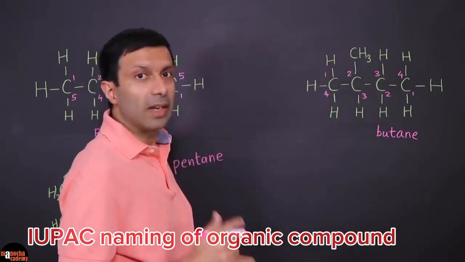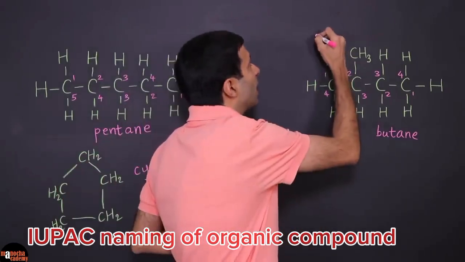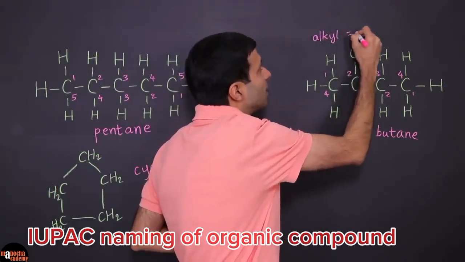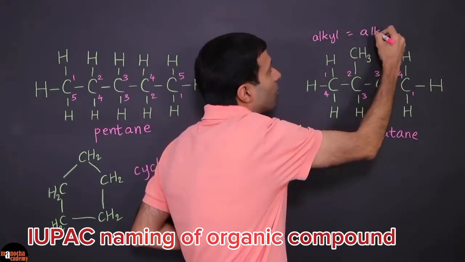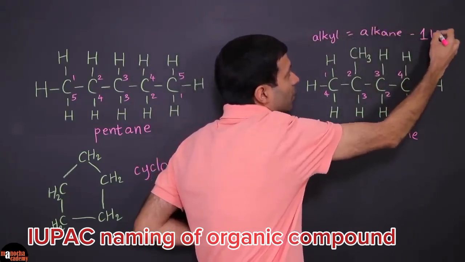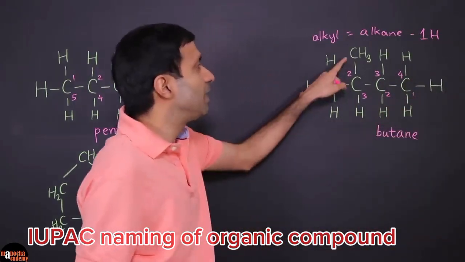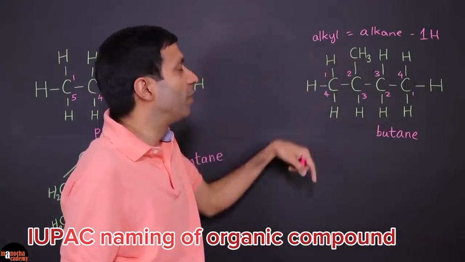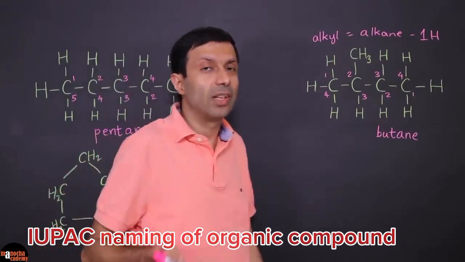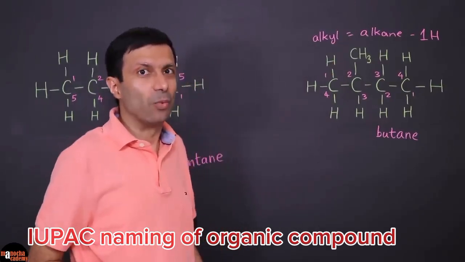So that's simple. Now let's look at this CH3. CH3, as you may know, is an alkyl, because the definition of alkyl is an alkane minus 1 hydrogen. So if this had been CH4, and we've removed a hydrogen, we have CH3. If it was CH4, the name would have been methane, 1 carbon atom.